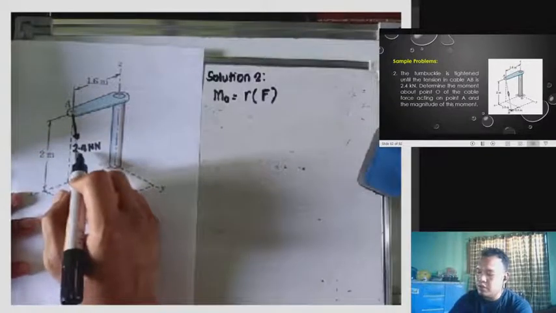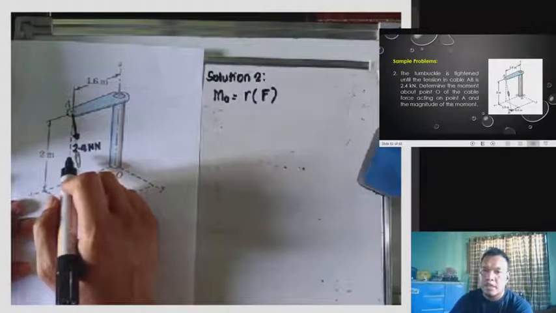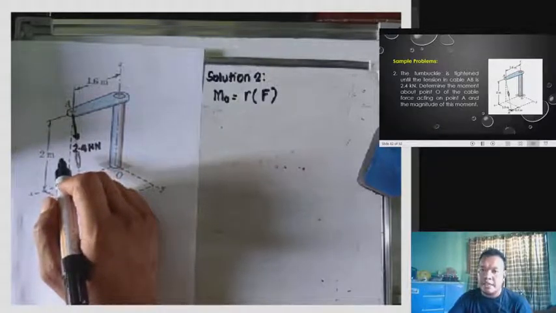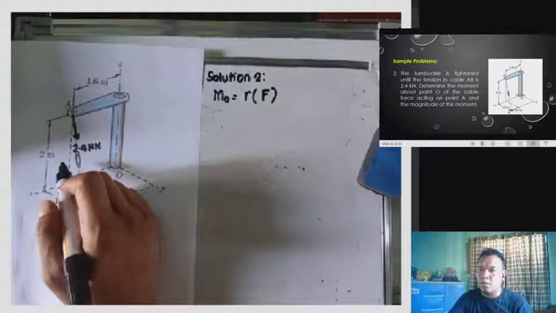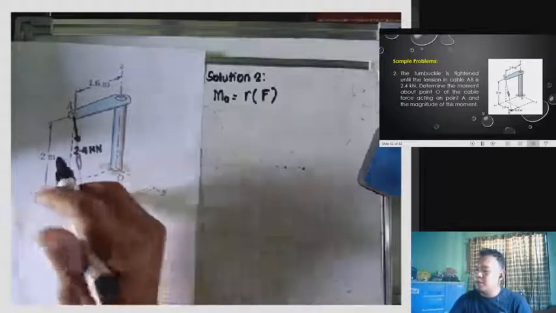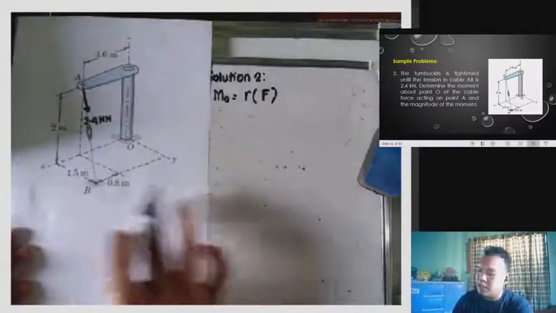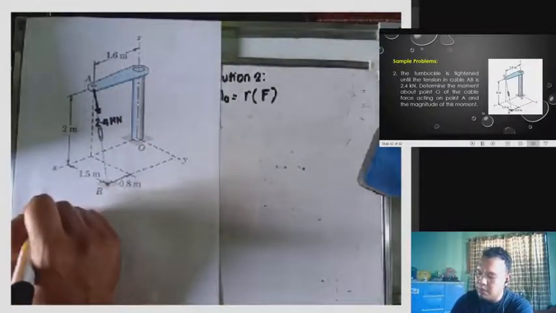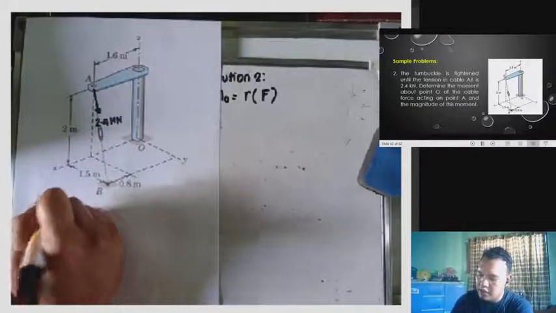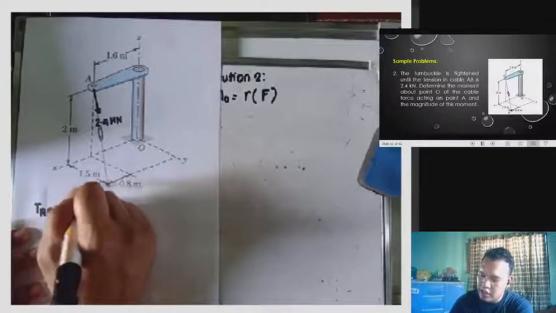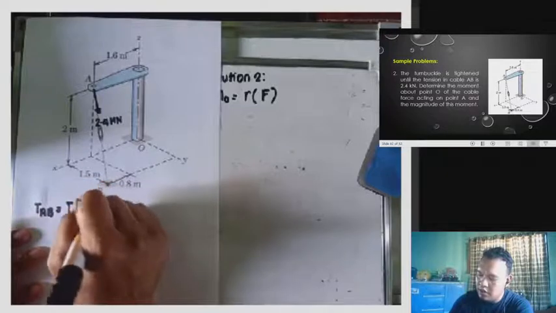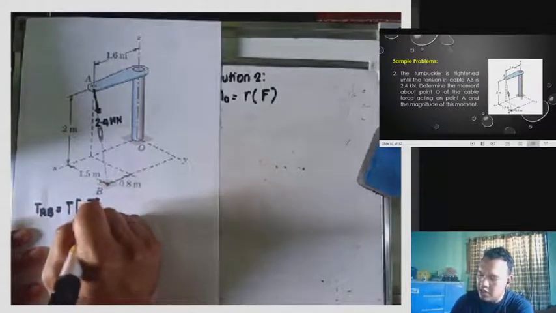So yung 2.4 is i-component ko siya as X, Y, and Z component. Para pag moment natin, tuloy-tuloy po tayo, no? So we have here, to get the components, sabihin ko siyang T_AB equals T times segment AB over line AB.